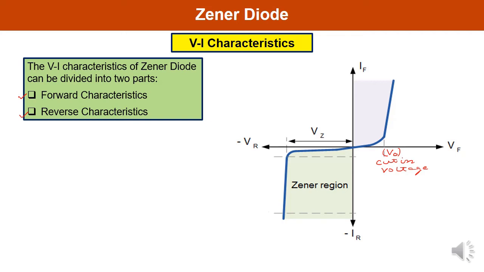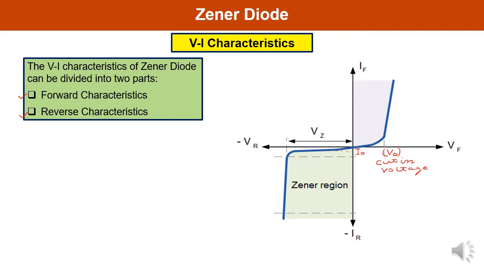But now let us discuss the reverse characteristics. As we increase the reverse voltage, initially a very small reverse saturation current flows, denoted as I0 over here, which is of the order of microamperes.